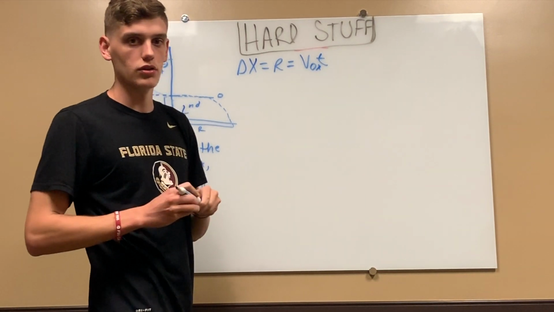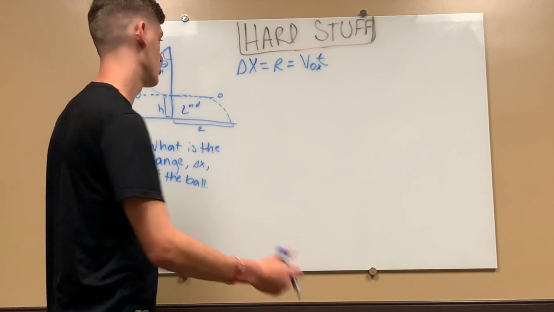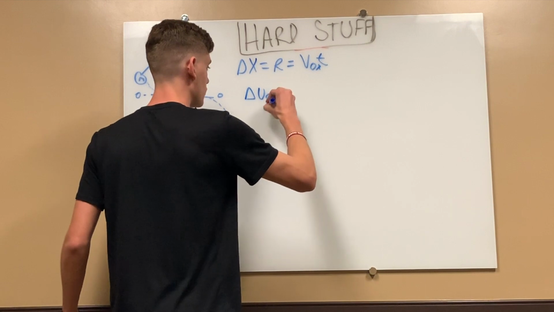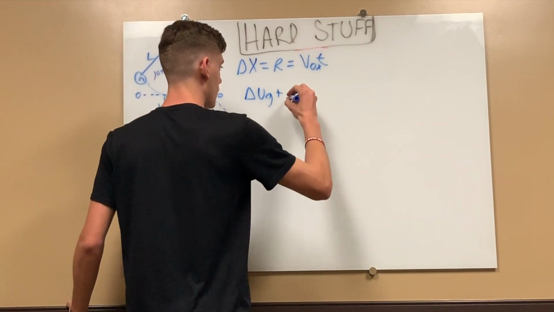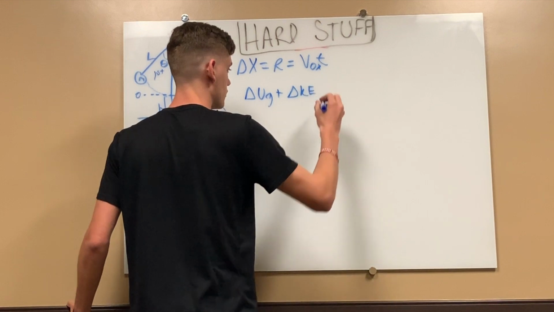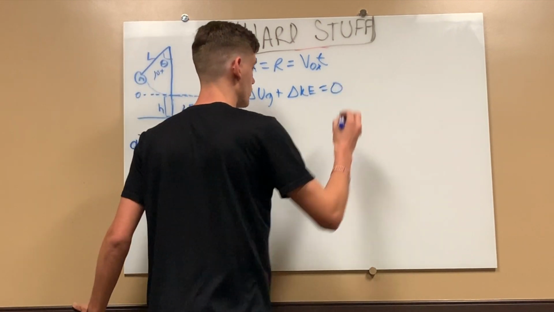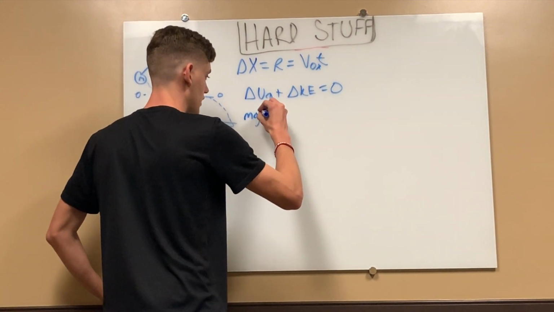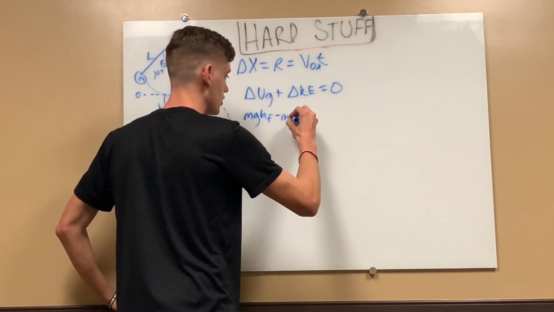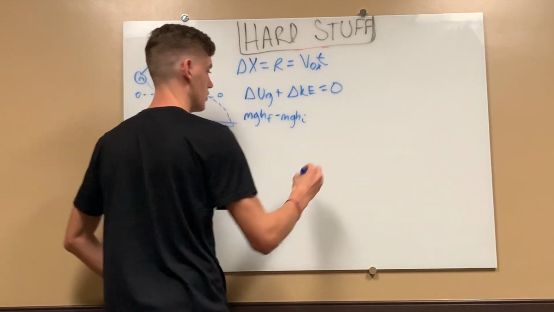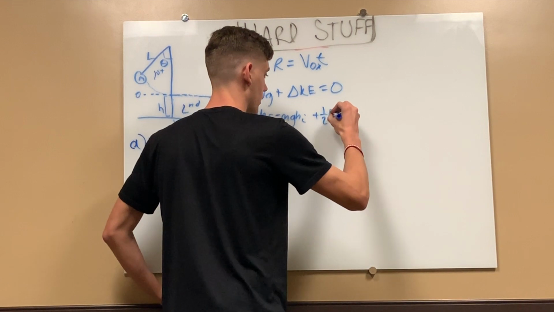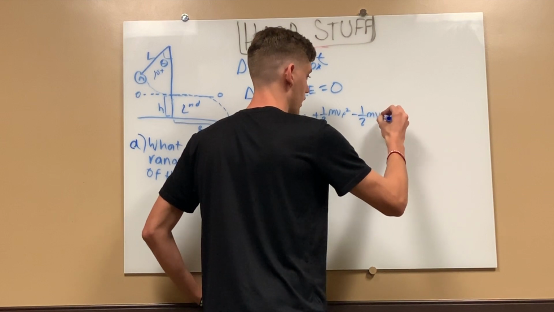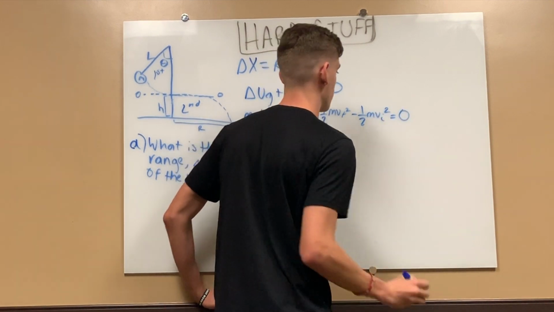So the first thing we're going to do is write a conservation of energy equation, and we're going to say that the gravitational potential energy plus the change in kinetic energy of this ball is equal to 0. And we know that this is equal to mgh final minus mgh initial plus 1/2 mv final squared minus 1/2 mv initial squared equals 0.